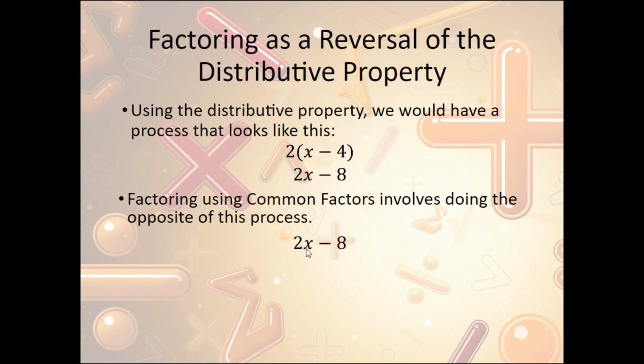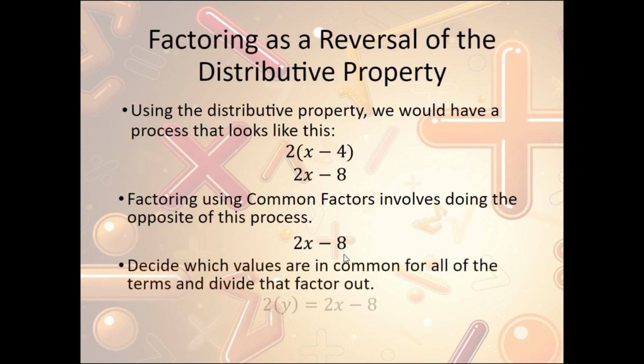Well, we know that 2x is divisible by 2 and negative 8 is divisible by 2. So I can pull that out, and I end up with 2 times x minus 4. So really it's the same thing. So I just divided each of them by 2 and put that outside. So factoring in this way is exactly the opposite of the distributive property.